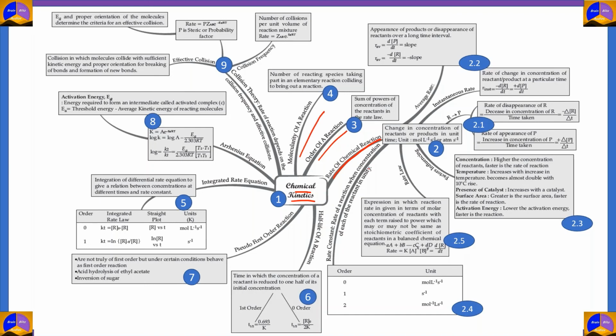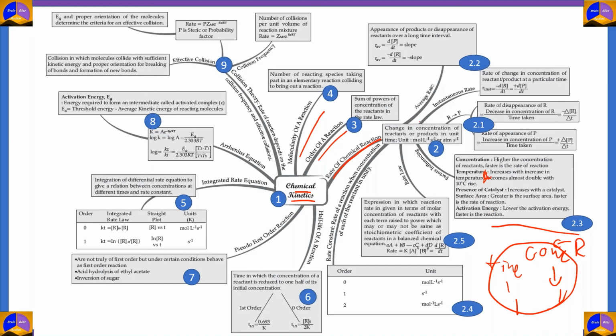We learned about the rate constant, which is the rate of the reaction when the concentration of the reactants is in unit, so the rate is in moles per liter per second. So that is where the concentration is 1 and time is 1. So over here, the rate of the reaction will be equal to the rate constant.